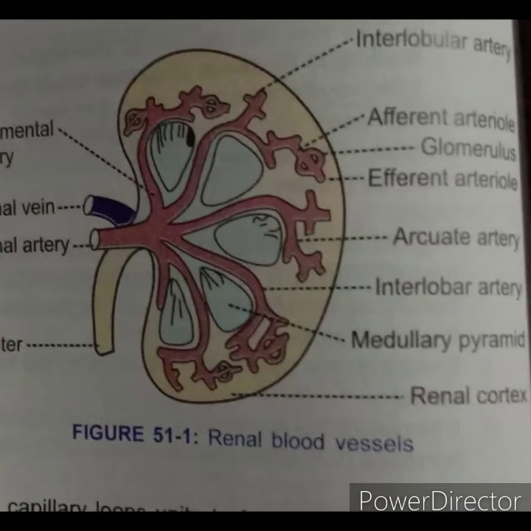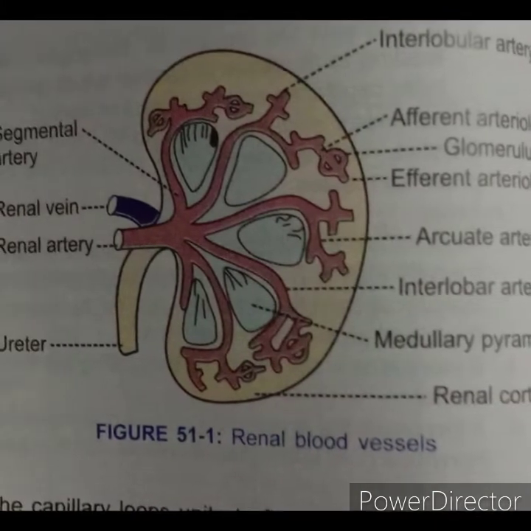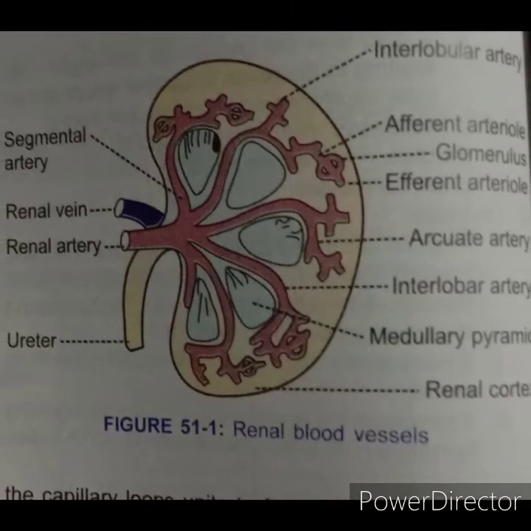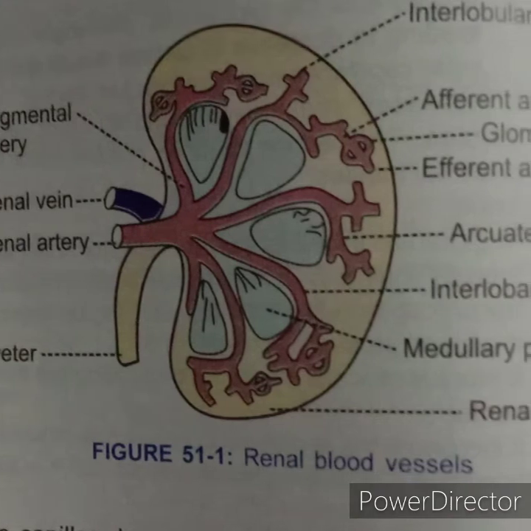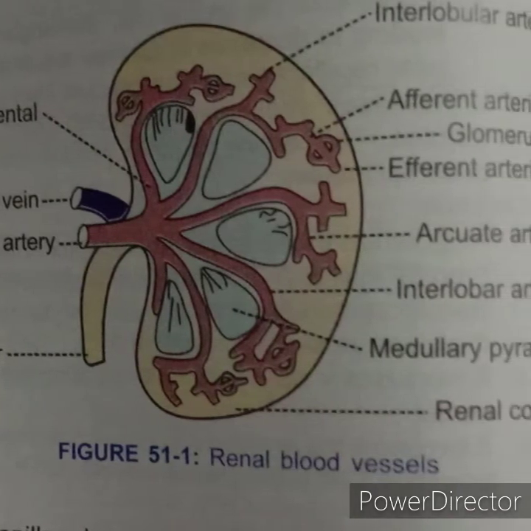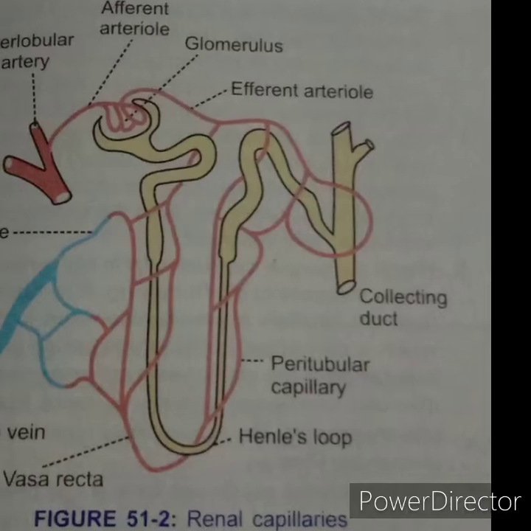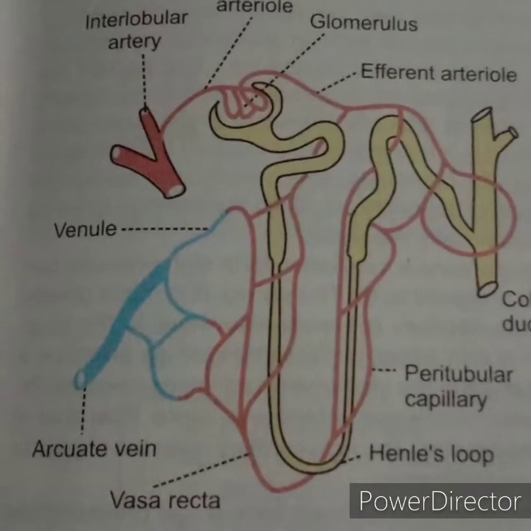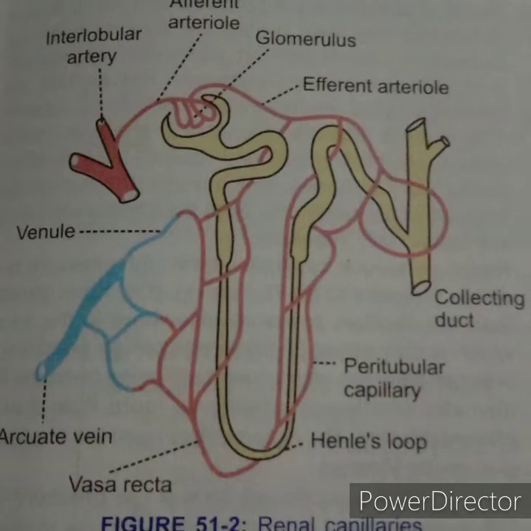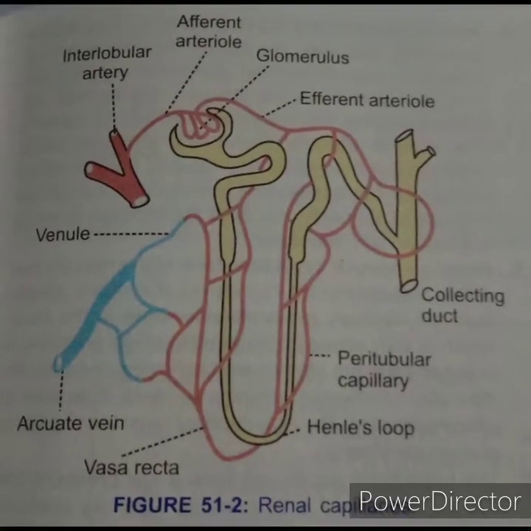Second, both the kidneys receive about 1300 ml of blood per minute. That is about 26% of cardiac output. Kidneys are the second organ to receive maximum blood flow, the first organ being the liver, which receives 1500 ml per minute. That is about 30% of cardiac output.